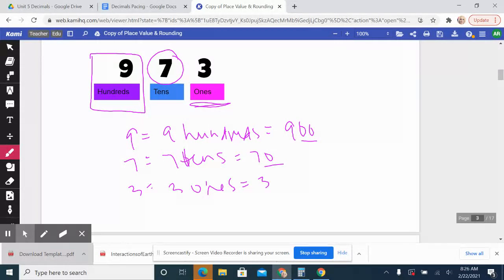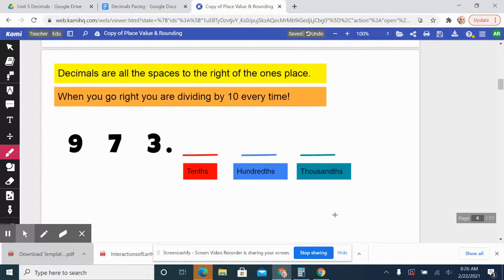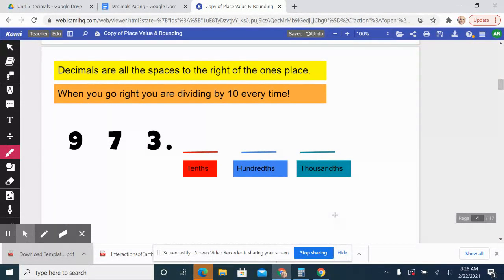So here you started at 900, here you have 70, here you have 3. If we were to go to the left, let's just make up a number, that would be 3,000, right? And that would have 3 zeros. But every time you're moving to the right, you're technically dividing by 10, and that's important to know.